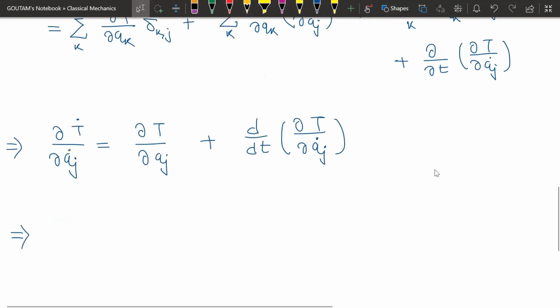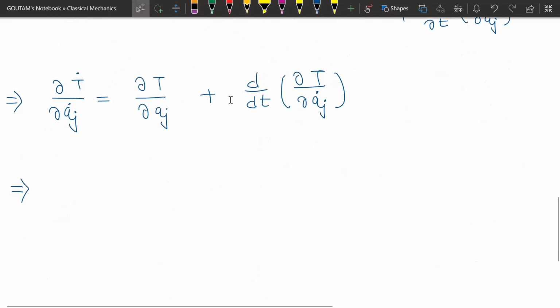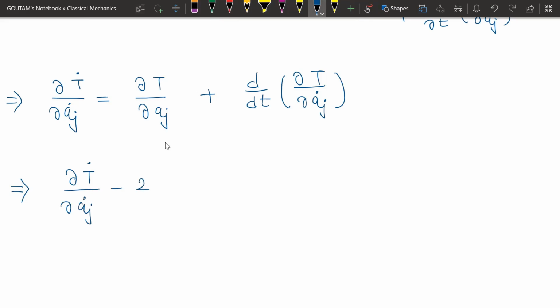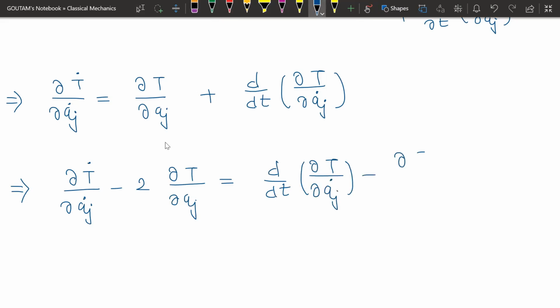Then if we subtract twice del t del qj from both sides, we will get del t dot del qj dot minus 2 del t del qj equals ddt of del t del qj dot minus del t del qj.